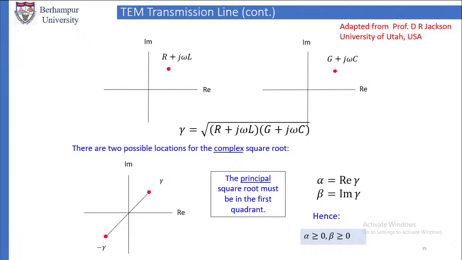The principal square root must be in the first quadrant, so we are considering that. So alpha is equal to the real part of gamma, beta is equal to the imaginary part of gamma, because gamma is equal to alpha plus j beta. Therefore, considering that gamma is in the first quadrant, alpha is greater than or equal to 0, beta is also greater than or equal to 0.